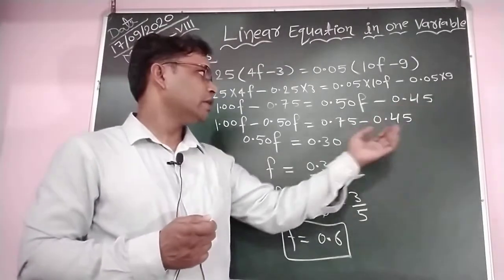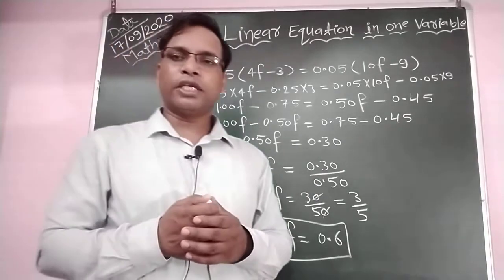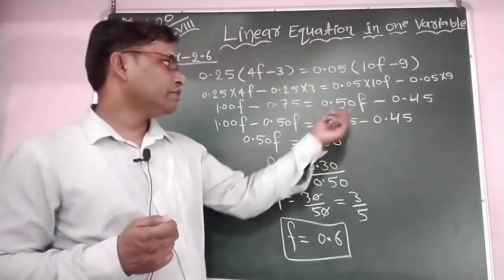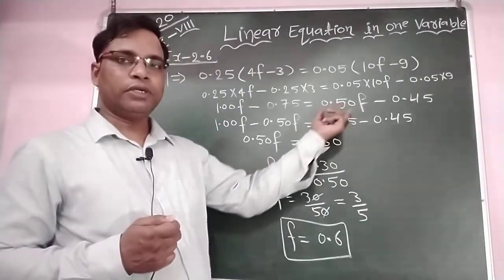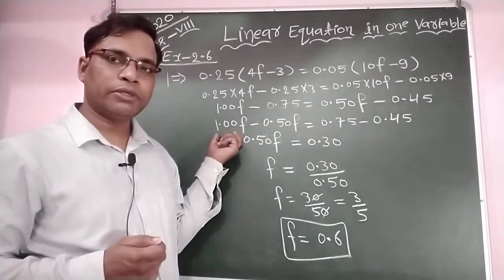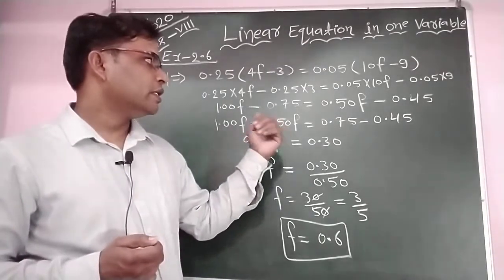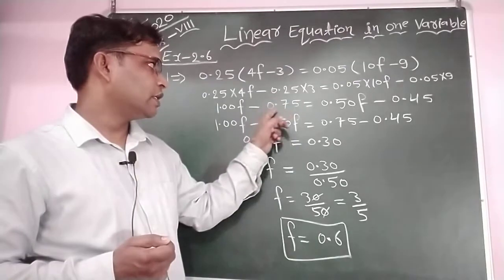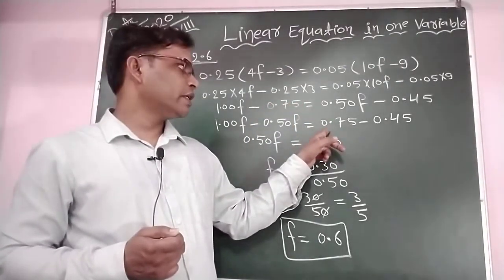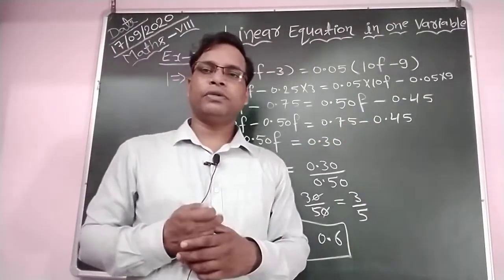Now we need to find the value of f, so we transpose the variable to one side and the constant term to the other side. We transpose 0.50f to the left hand side, then it becomes minus. So on the left hand side we have 1.00f minus 0.50f, and on the right hand side we transpose the constant term, then it becomes plus, and we write 0.75 minus 0.45.